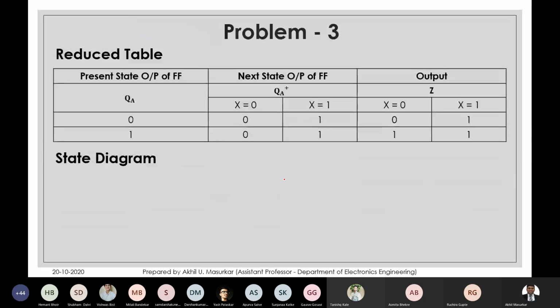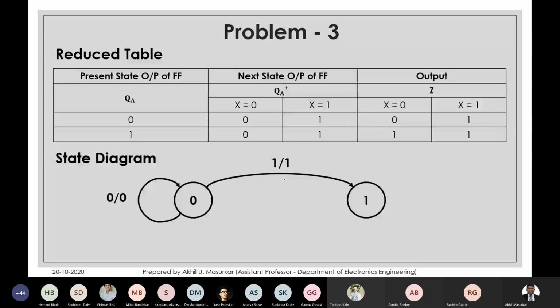So just I'll quickly go to the state diagram. So this is the reduced table, which is there at the top. You can just copy that. And my state diagram will have only two states, 0 and 1. If x equal to 0, the next state is 0 and the output is also 0. If it is 1, the output is 1 and the next state is also 1.